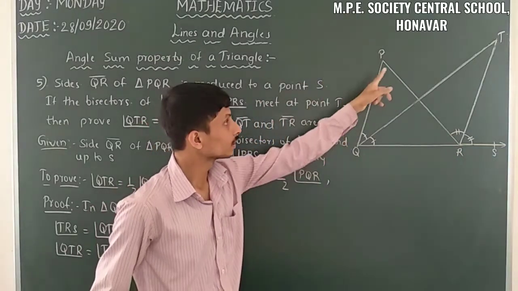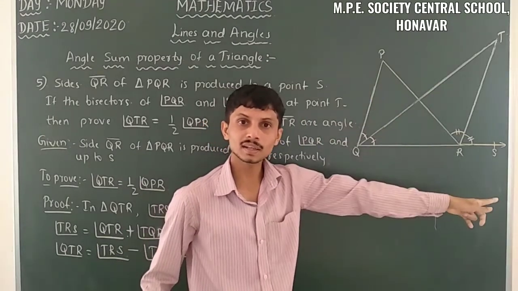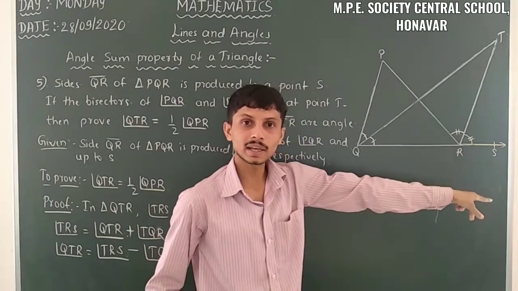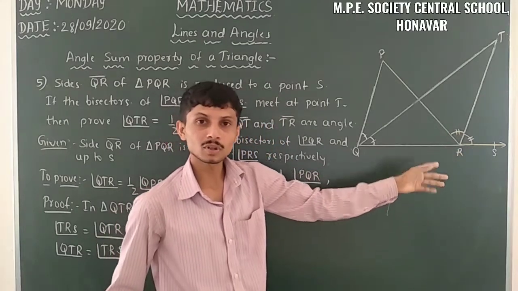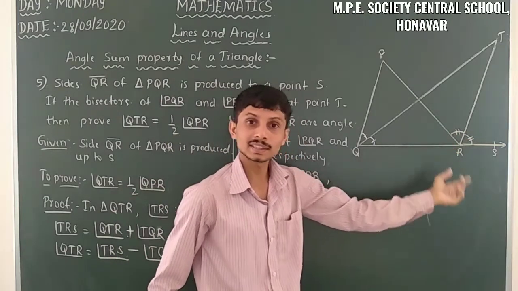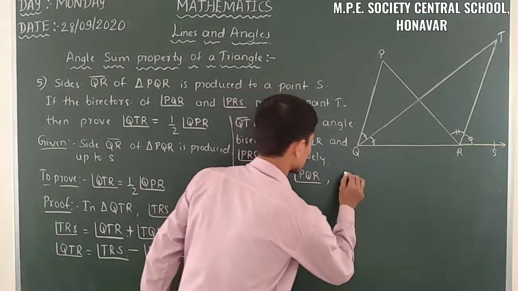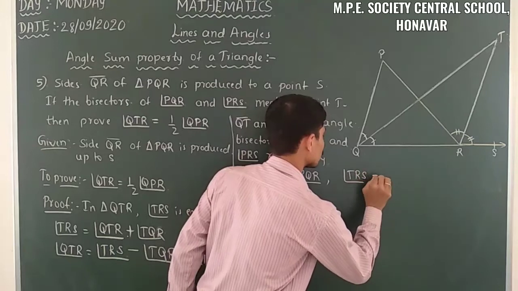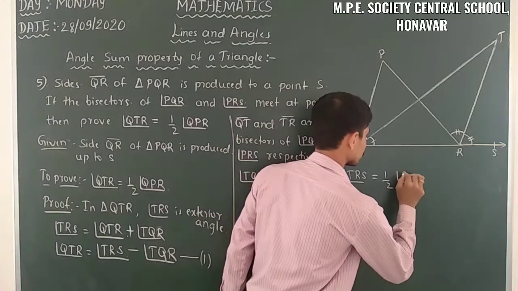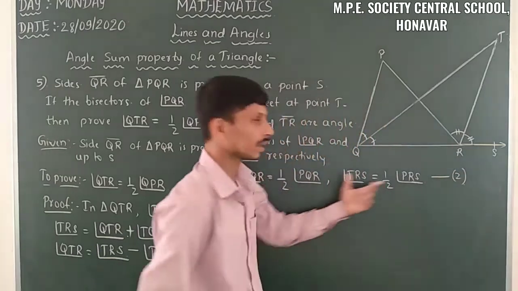Angle TRS is equal to half of angle PRS, because these two parts are one and the same. The complete angle is 2 times the angle bisector. I will take this as equation number 2.